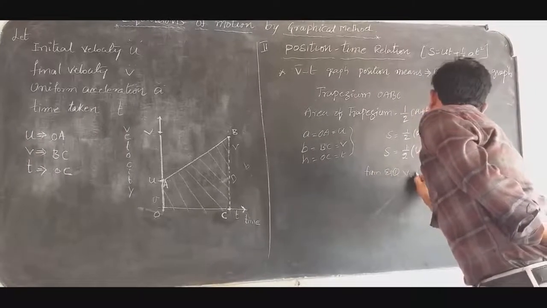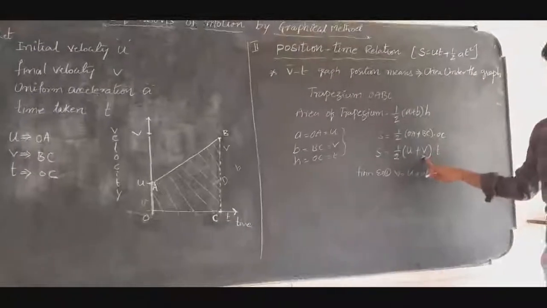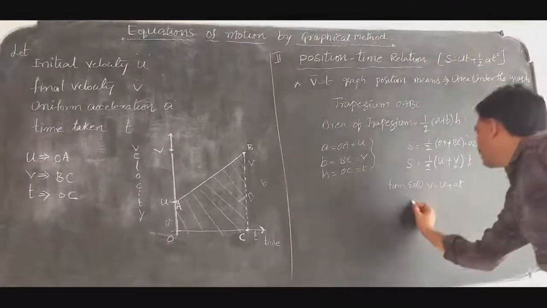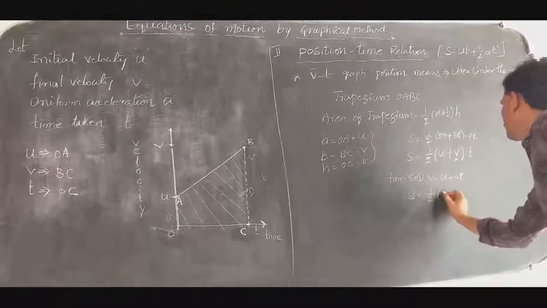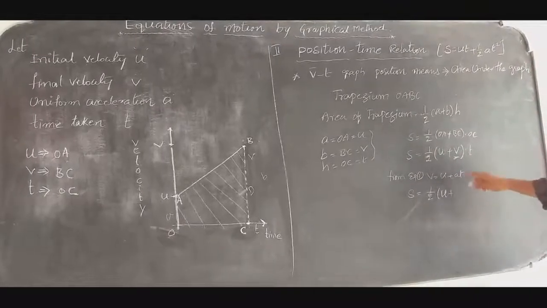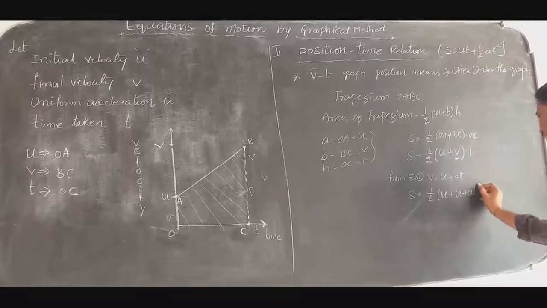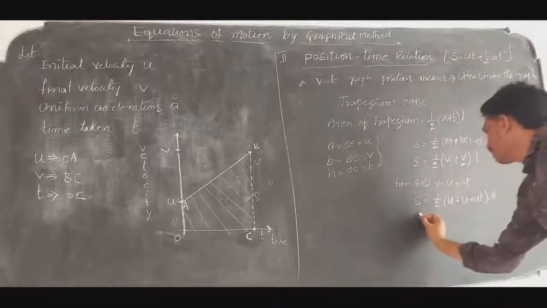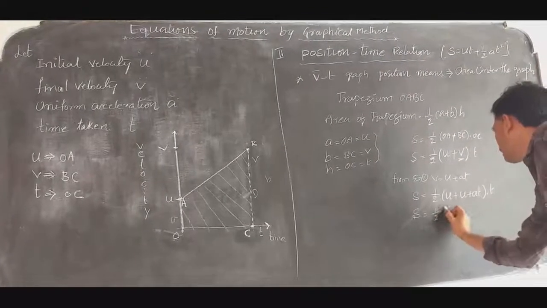Now, this final velocity, from equation 1, V equals U plus AT. I am going to replace this final velocity with U plus AT. Then it will become S is equal to half into U plus, in place of V I substitute U plus AT, into T. Then S is equal to half, this is how much?